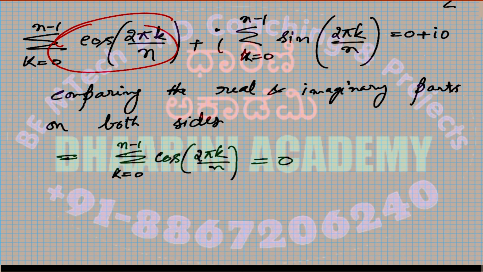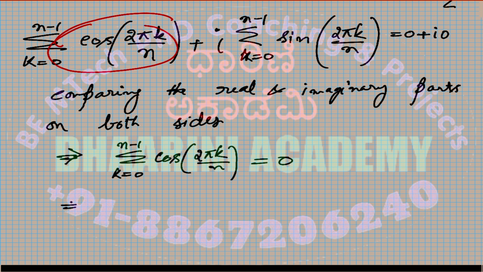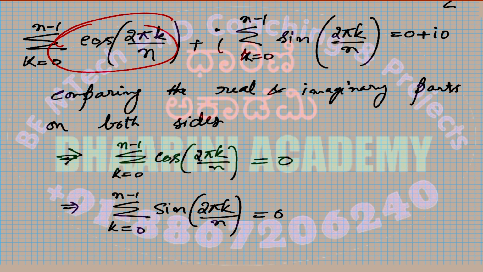So the point is, if I take all the n terms and take their real parts and I take a sum, that is 0. Similarly, you take the sum of the imaginary parts of nth roots of unity, that is k equal to 0 to n minus 1, sine of 2 pi k by n, that is also equal to 0. So sum of real parts of nth roots of unity is 0. Sum of imaginary parts of nth roots of unity is also 0.